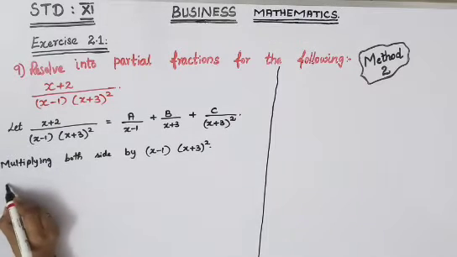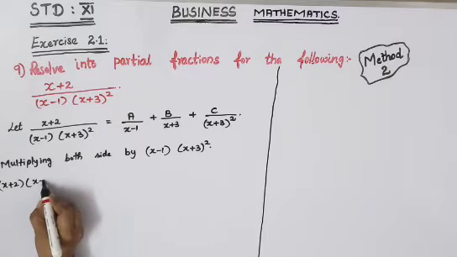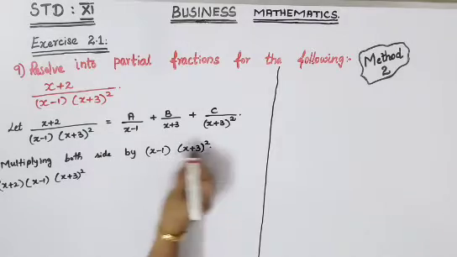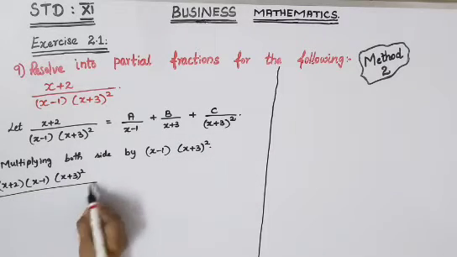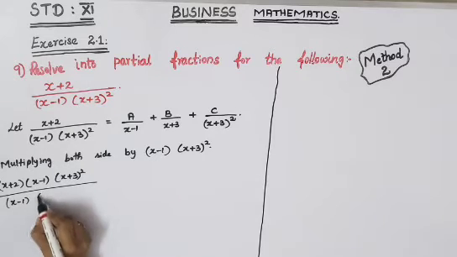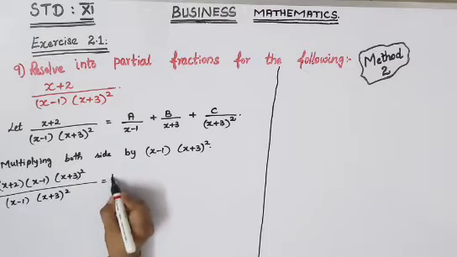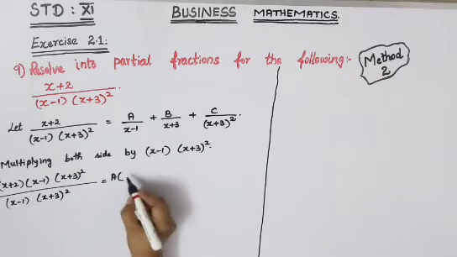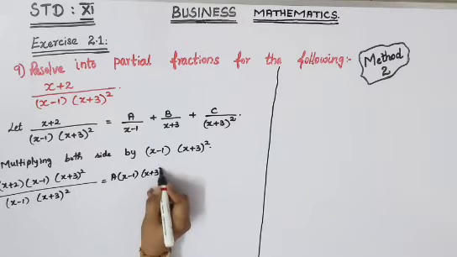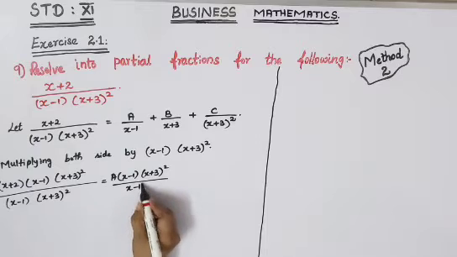Your left hand side is (x + 2) into (x - 1)(x + 3) the whole square divided by your denominator as it is, (x - 1)(x + 3) the whole square, which is equal to A into, again this term has to be multiplied, so (x - 1)(x + 3) the whole square divided by this denominator, that is x - 1.